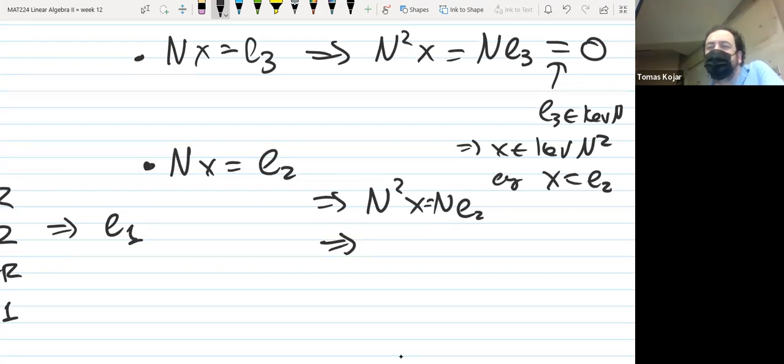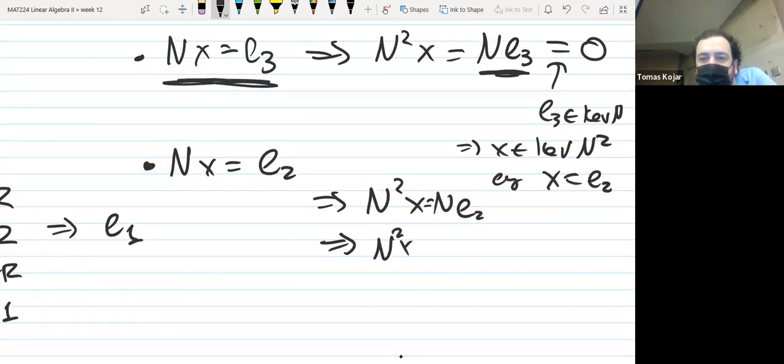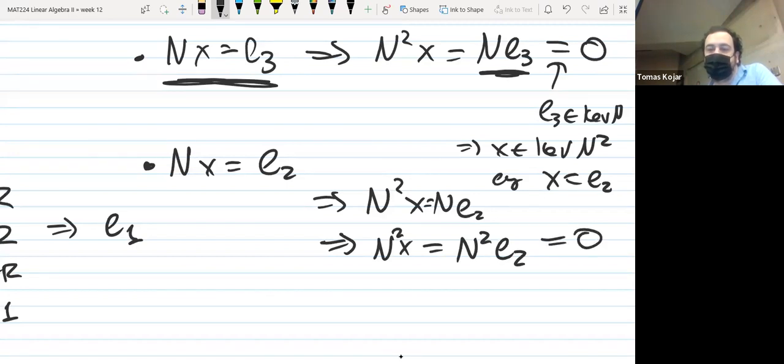So here you plug in this, because then you have N squared x is equal to N squared E2, which is 0. Once again.